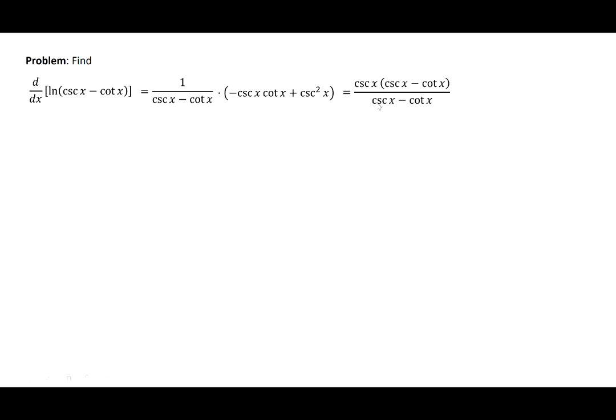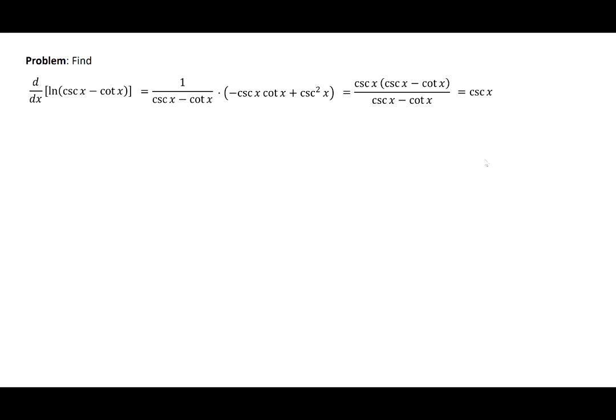Lo and behold, cosecant x minus cotangent x over cosecant x minus cotangent x just divides into 1, leaving us with a simple cosecant x. Isn't this fascinating? So the derivative of natural log of cosecant x minus cotangent x turns out to be a simple cosecant x.